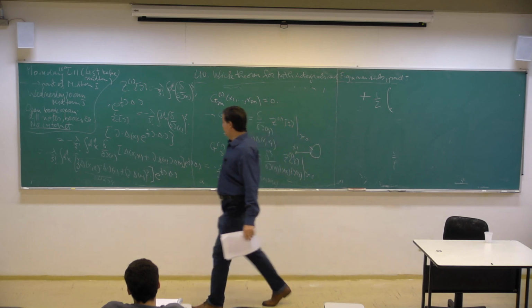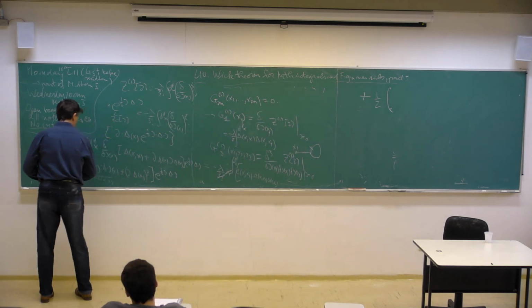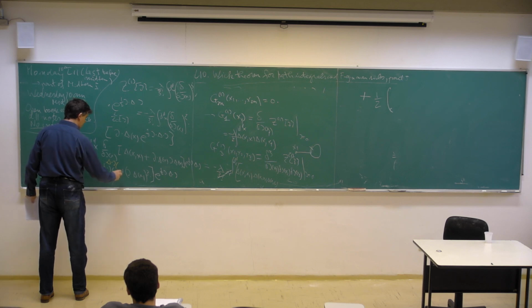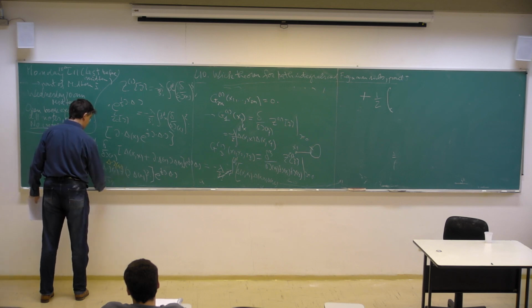And then, as I said, I have this times delta dot j of, let's say, x1, right?